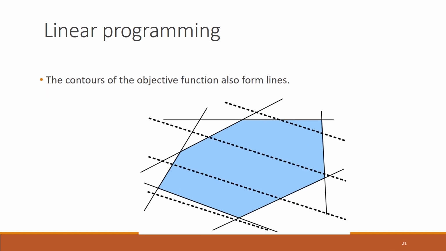Now, since the two dimensions are already occupied by the two decision variables in this case, if we have to plot a function z, which is the objective function, and that itself is a function of these two decision variables, then either we need to have a z axis which is coming out, or we can plot it in this 2D itself by having these different contours shown by the dashed lines.